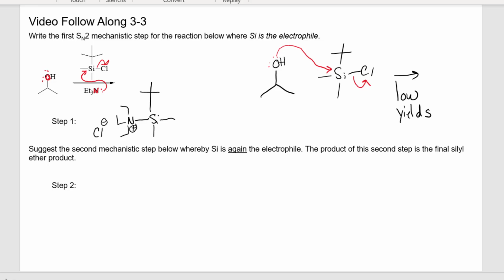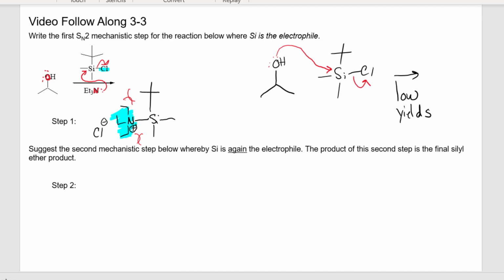By having the nitrogen attack first and kick out the chlorine, you have now made an absolutely better leaving group. This is a way better leaving group than the chlorine. So you've also increased the steric hindrance, right? You got a lot more steric hindrance going on. So it really wants to leave.